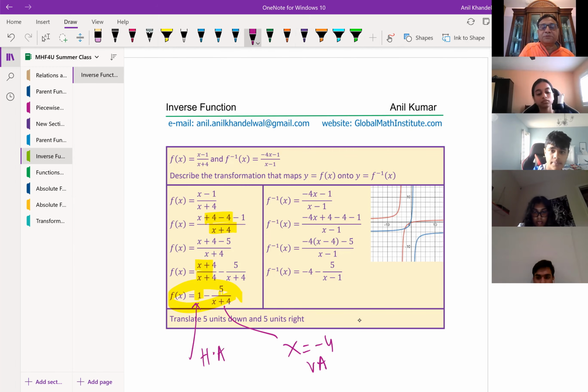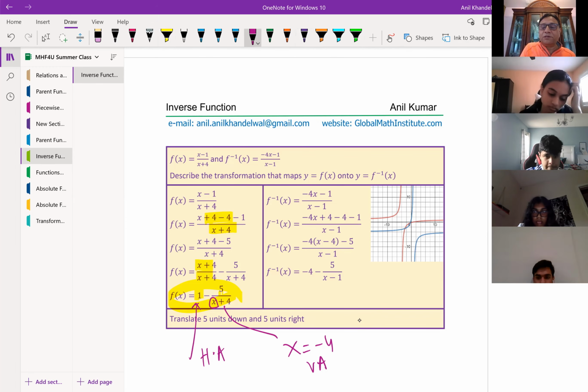Now, you can actually do the inverse verbally using this statement. What are you doing? If I feed in x, the first thing you do is add 4 to it. And then you do the reciprocal, then multiply by 5, then you take away from 1.